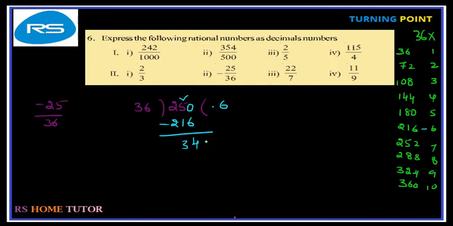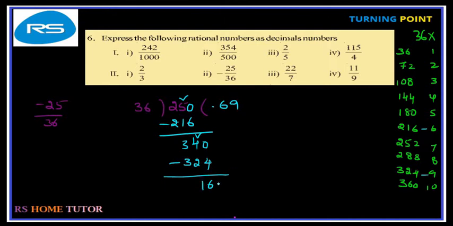Again I can take the 0 by default. So 340. 340 is near about 9. So 36 9s are 324. If I subtract, what will I get?